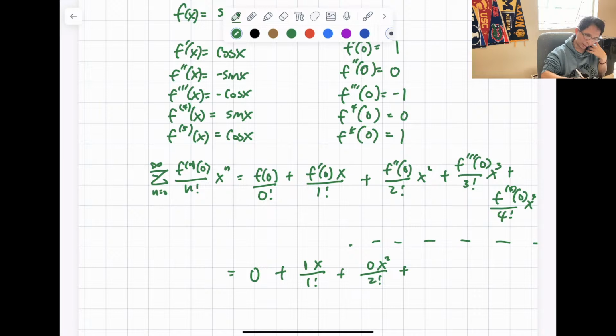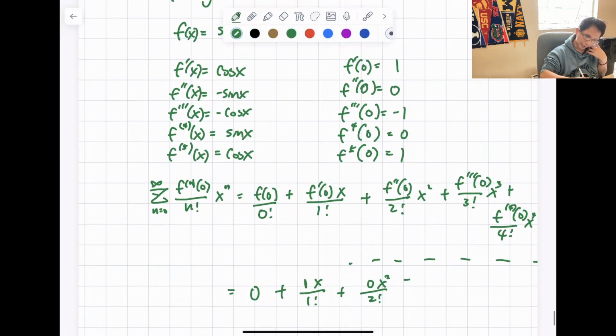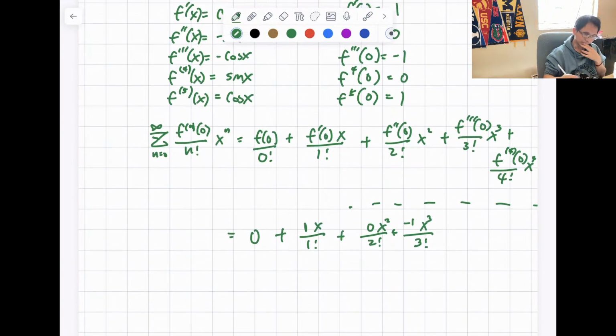plus, actually this one is gonna be -1, right? Plus -1 times x to the third over 3 factorial, and plus 0 x to the fourth over 4 factorial.